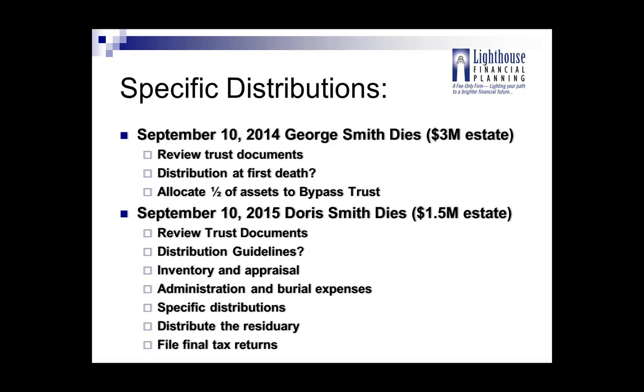Commonly, we'll split it up by thirds, a third at 25, a third at 30, and a third at 35. So if maybe Jordan or Madison are not mature enough to handle the assets at 25, at least George and Doris know there's more money coming down the road when the grandchildren have matured further.